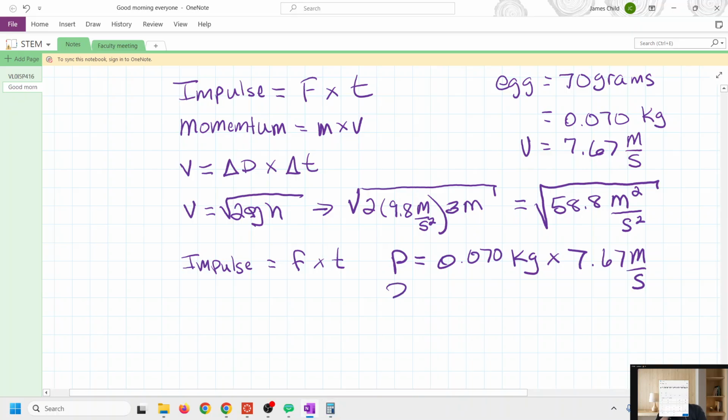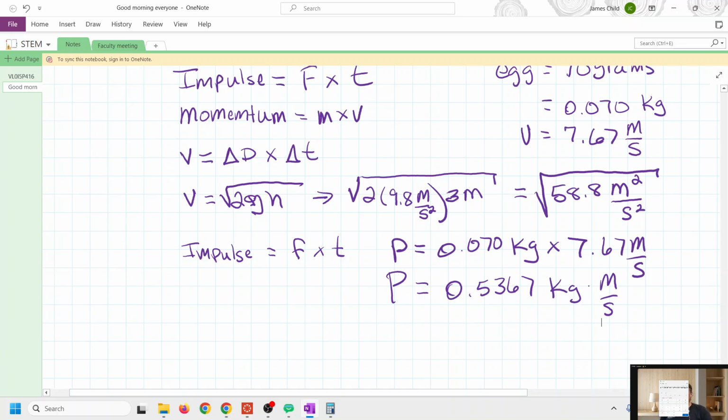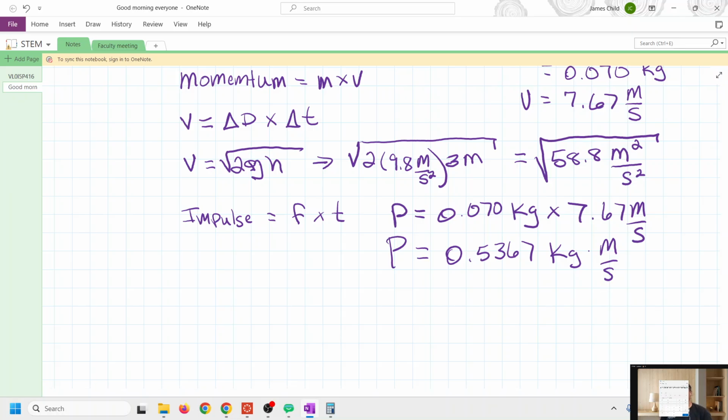So momentum is equal to 0.5367, and this is kilograms times meters per second. All right. Now I can use impulse. Momentum has the exact same units as impulse, so that means it's the same thing, right?